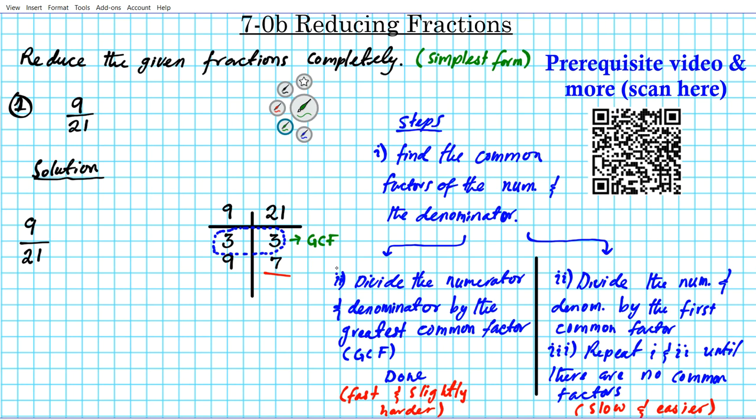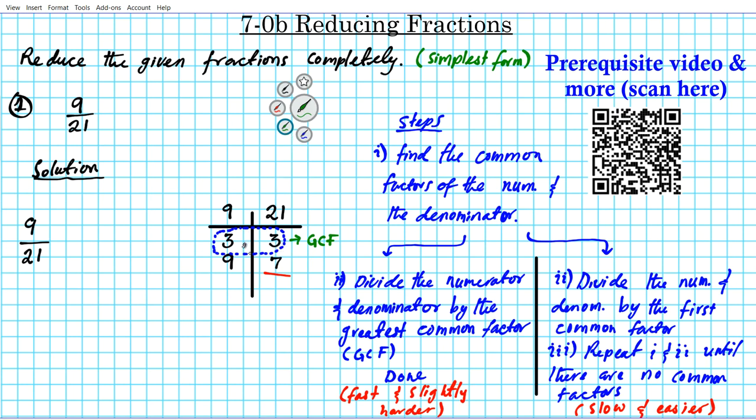The first is the greatest common factor. So in this case, it doesn't matter if you use the method on the left, the GCF method, or the method on the right, the common factor method. You're still going to get exactly the same thing. Since there's only one common factor, you just need one step to achieve full simplification.